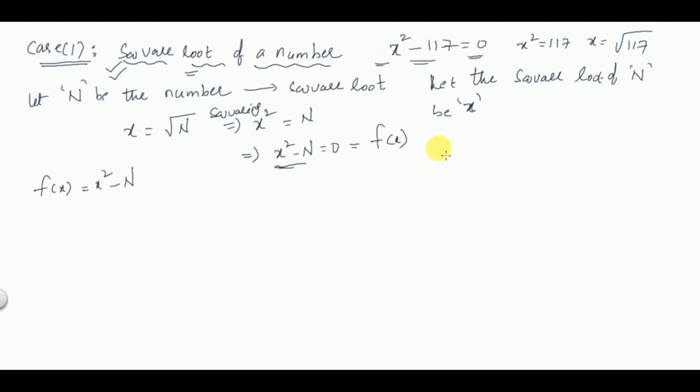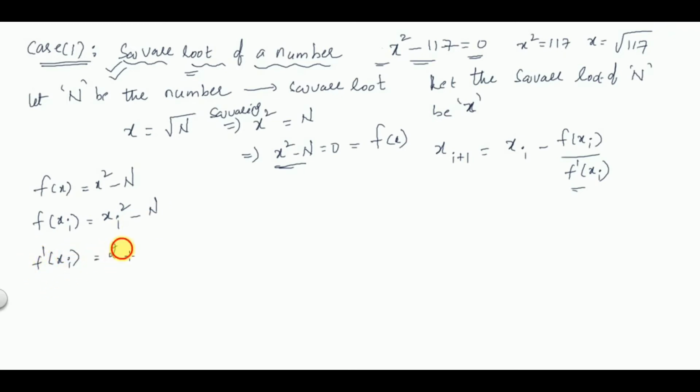We know that from the Newton Raphson method, the iterative formula is given by xi minus f of xi divided by f dash of xi. So we need f dash of xi. F of xi we know: in the place of x we are substituting xi, so xi square minus n. What is f dash of xi then?